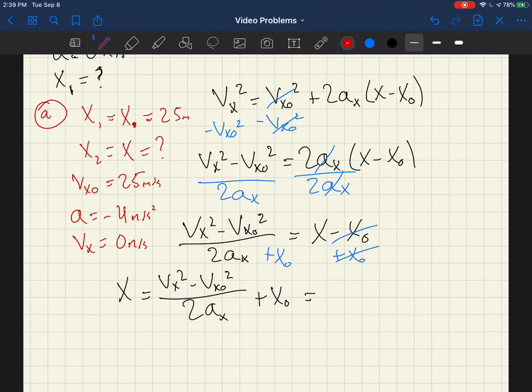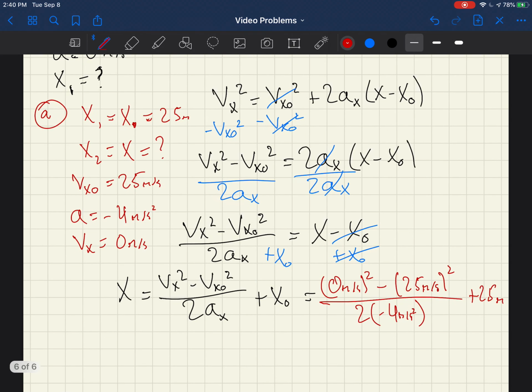Okay, I'm going to plug in my numbers from part A here. So Vx squared is just 0 meters per second, squared, minus 25 meters per second, squared, times 2 times -4 meters per second squared, plus 25 meters.